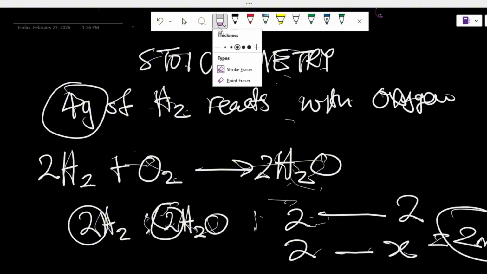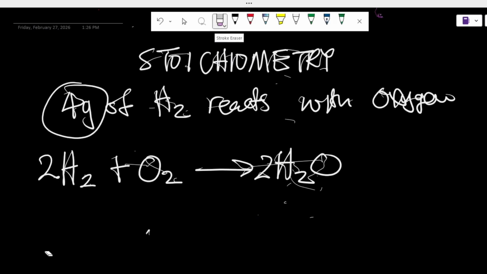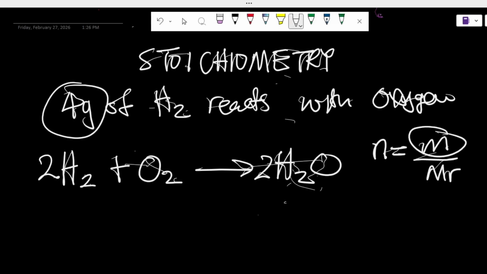And the last thing that we can do here is to simply find the mass of water. Since we have the number of moles of water, we can go ahead and calculate the mass of water. Now remember, the formula is the same. Mole is equal to mass over the relative molecular mass. But we are finding the mass here. So the number of moles is actually 2, and the mass is unknown, which we are looking for.